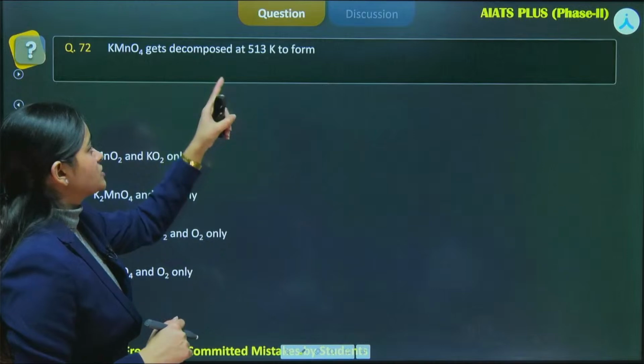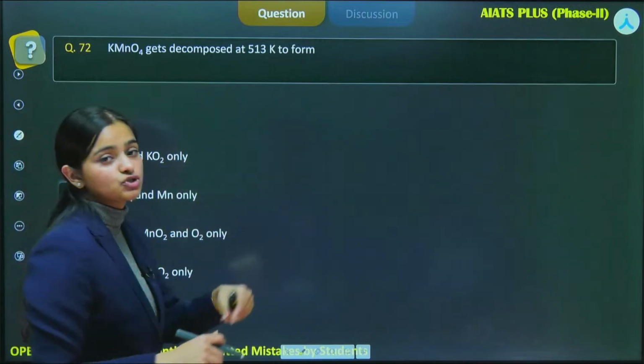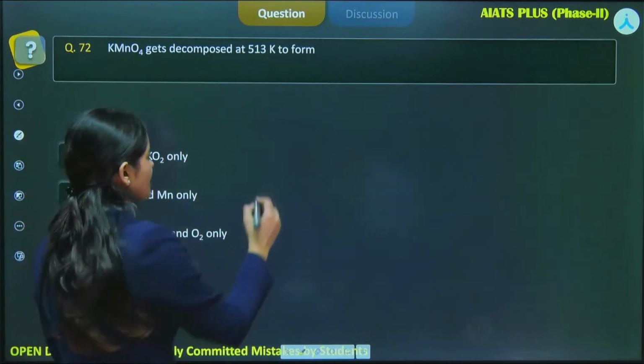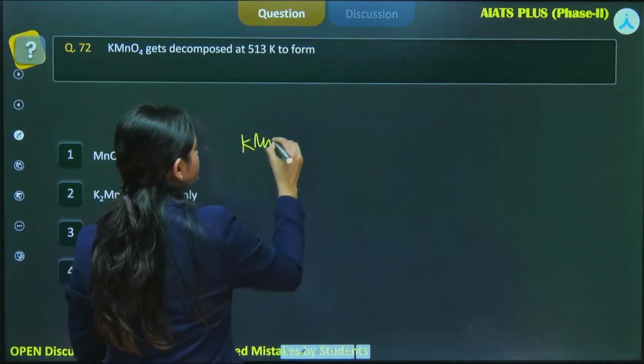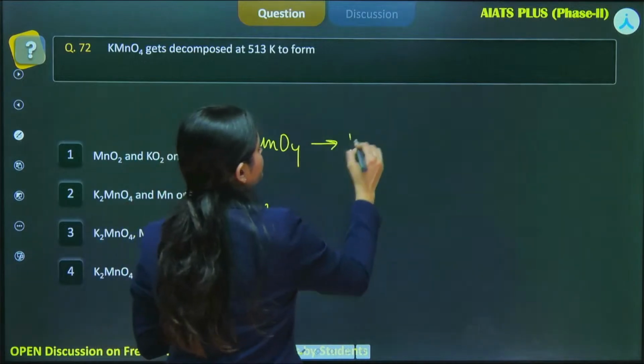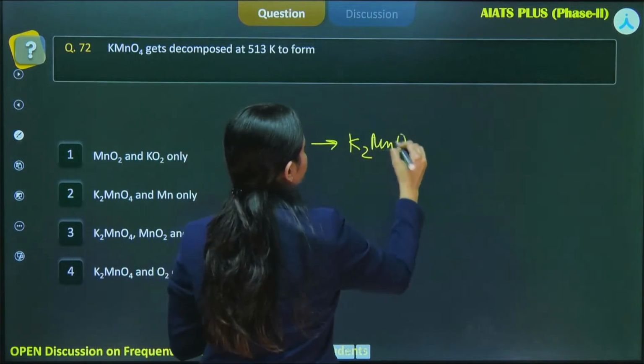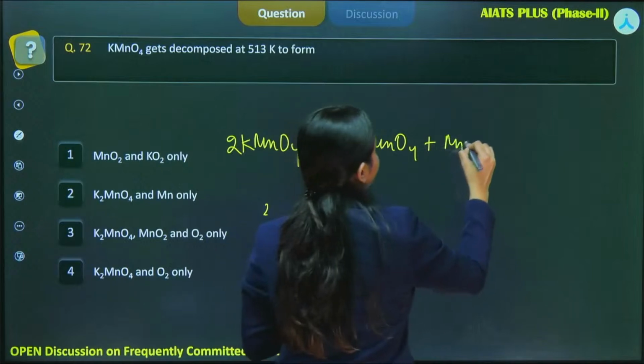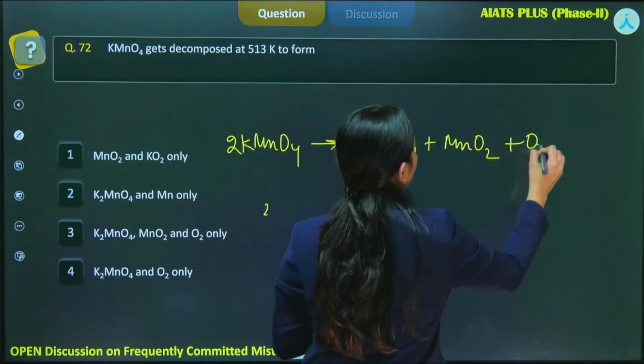KMnO4 gets decomposed at 513 Kelvin to form. So for its decomposition reaction, KMnO4 gives K2MnO4, manganese dioxide and oxygen.